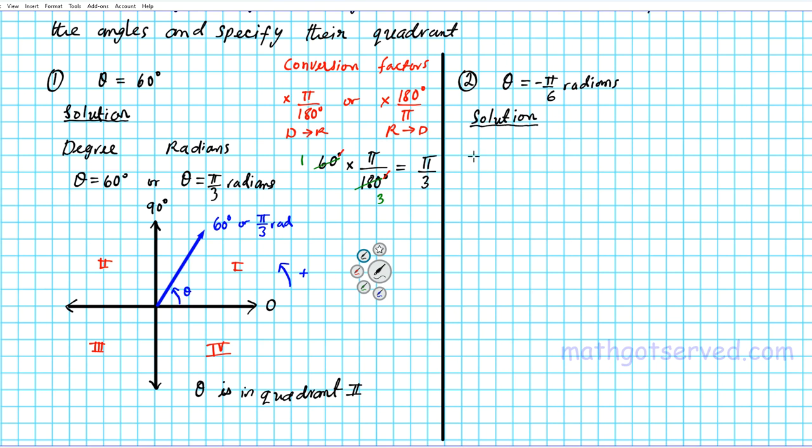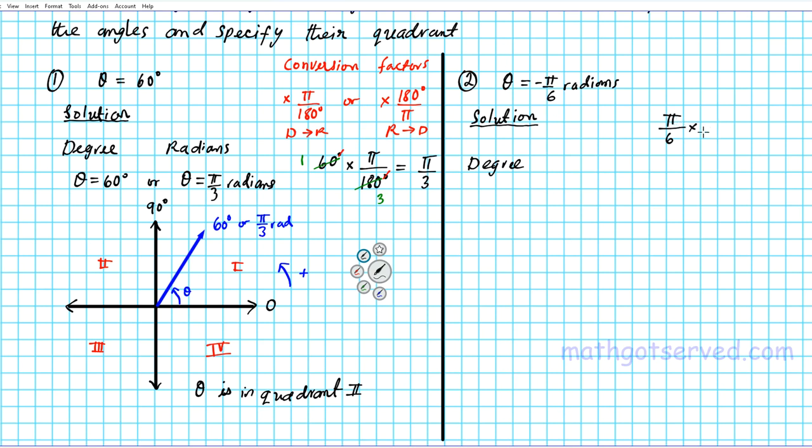All right, so what is negative pi over 6 radians in degrees? Well, we're going to apply the appropriate conversion factor. Okay, let's do our scratch work on the side here. We're given pi over 6, and we want to pick one of these two to carry out our conversion. Notice the angle that we're given has pi on the top, so we're going to pick the one that has pi on the bottom, so it cancels out.